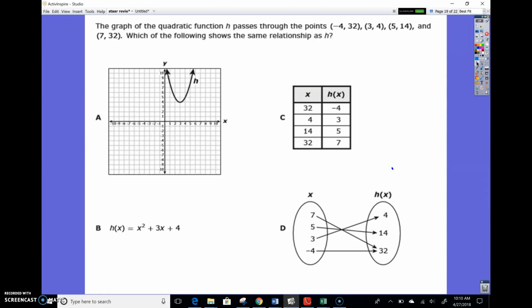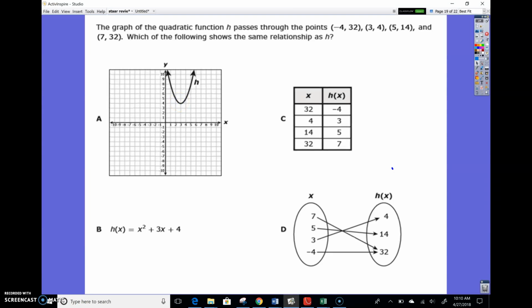So -432 is somewhere up here, we don't know, okay? 3, 4 is there. 5, 14. See, 5, 14. 5 is right there. 14 is not there, so A is wrong. Okay. This looks right here. 4, 3. Remember, it's 3, 4, not 4, 3. 4 is 5, so this one's wrong.